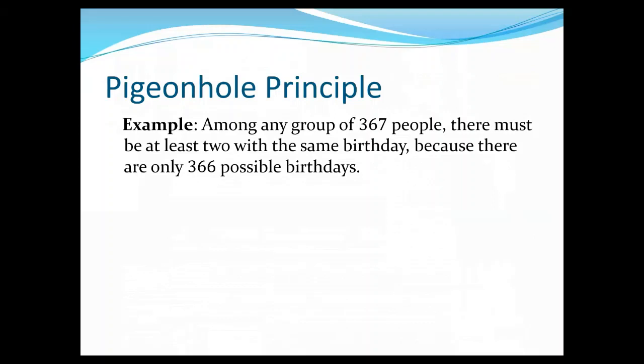Let's have this example. Among any group of 367 people, there must be at least two with the same birthday, because there are only 366 possible birthdays. In the worst case scenario, the first 366 people don't share the same birthday, so the 366 days have already been occupied by the first 366 people.